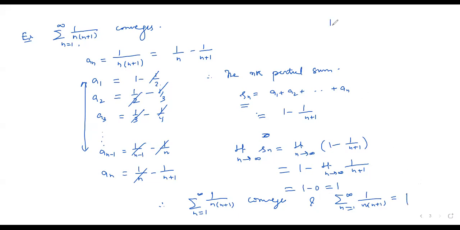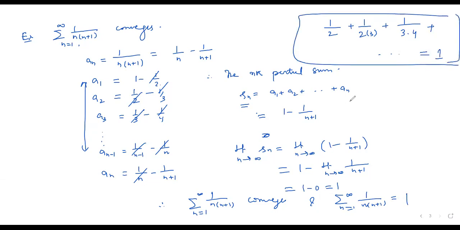It tells us that 1 by 1 into 2 plus 1 by 2 into 3 plus 1 by 3 into 4, if we keep adding this infinitely, it's exactly equal to 1. Right? So that's good.